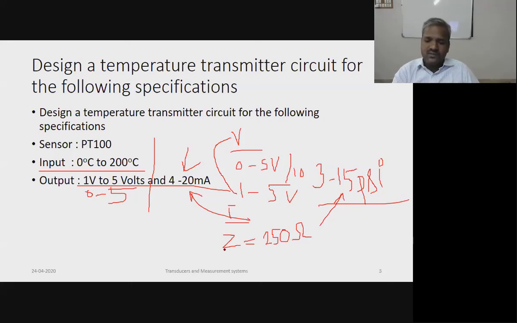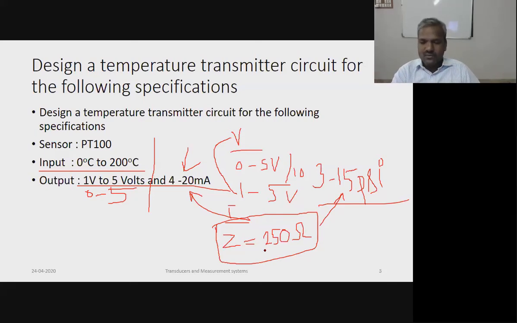So a 250 ohm resistor is not available among the normal resistances in the laboratory standards. This 250 ohm is a special resistance, especially for industrial measurement applications. If you ask for a 250 ohm resistor in our laboratory, they won't give, because that value is not available in the standard resistance ranges.